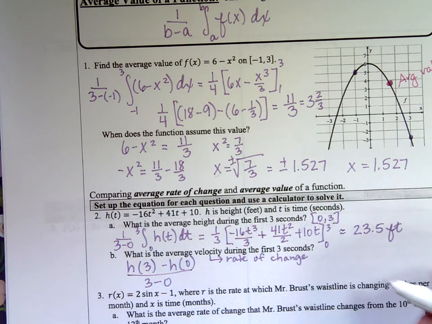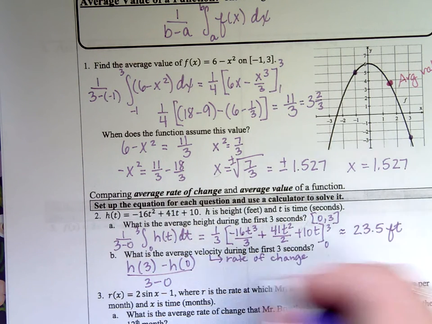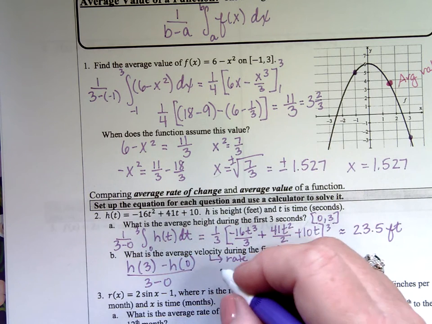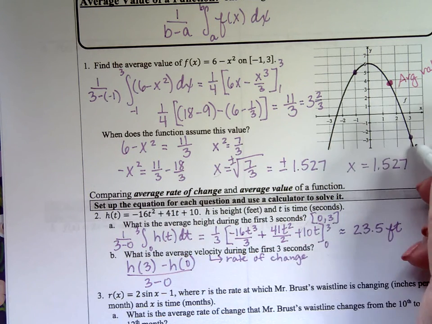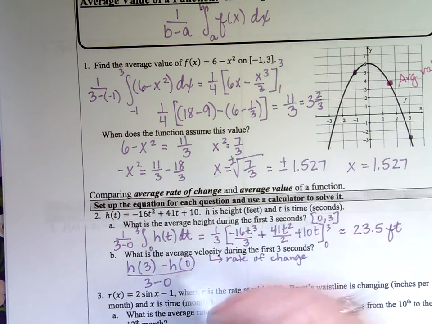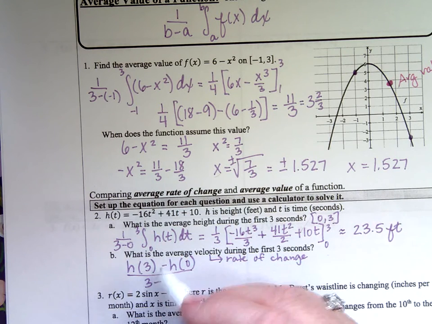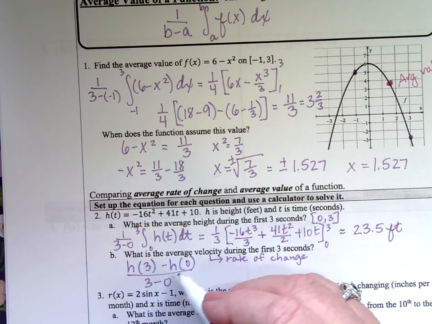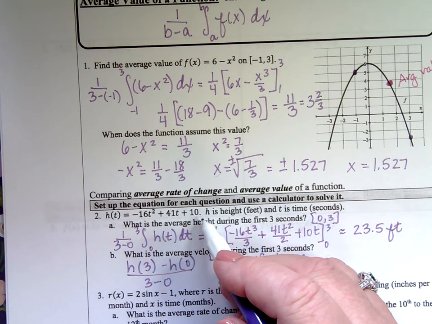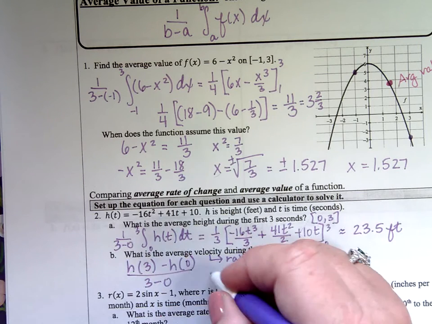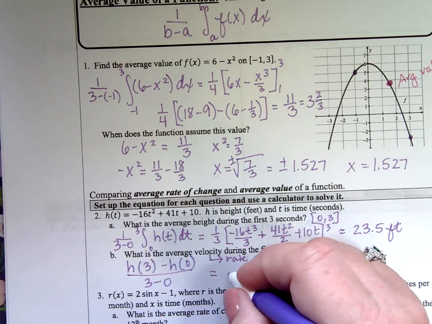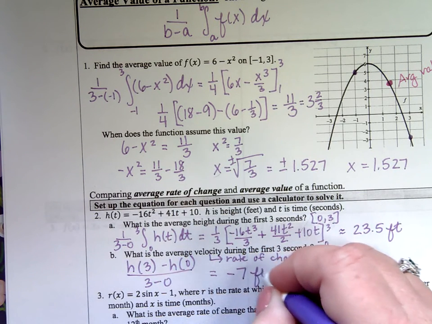So I find h of 3. I plug in 3 into my function here. h of 0 is going to be 10, and then over 3 minus 0, and again, for the sake of time, this comes out to be -7 feet per second.